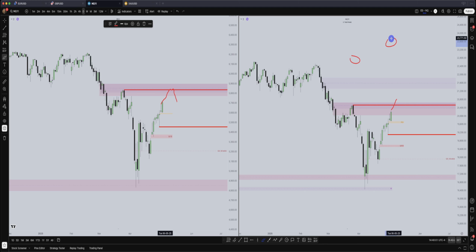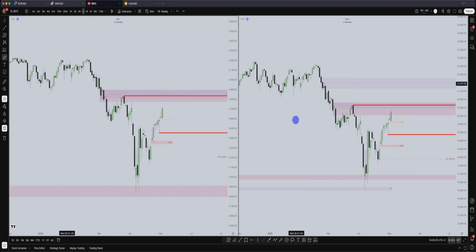So here you have this maximum, or this high, and you have this. So that's a divergence. On one side you have this structure, on the other side you have this structure. Okay, so that means that the price is not interested in continuing, so we are expecting a lower price.